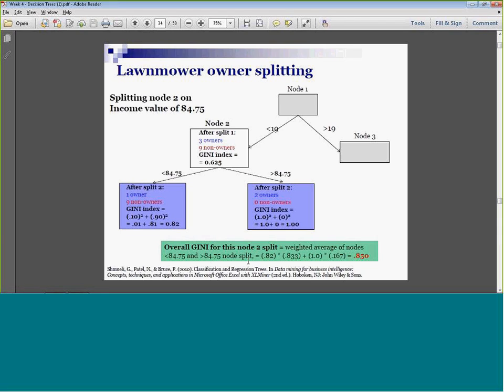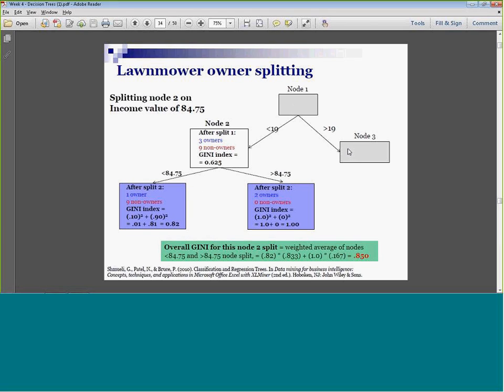So it's 0.82 times 10 out of the 12, so 10 twelfths, or 5/6. So 0.82 times 5/6 plus 1.0 times 1/6 gives us 0.850. So we've raised the Gini index from 0.625 to 0.850 for this level.